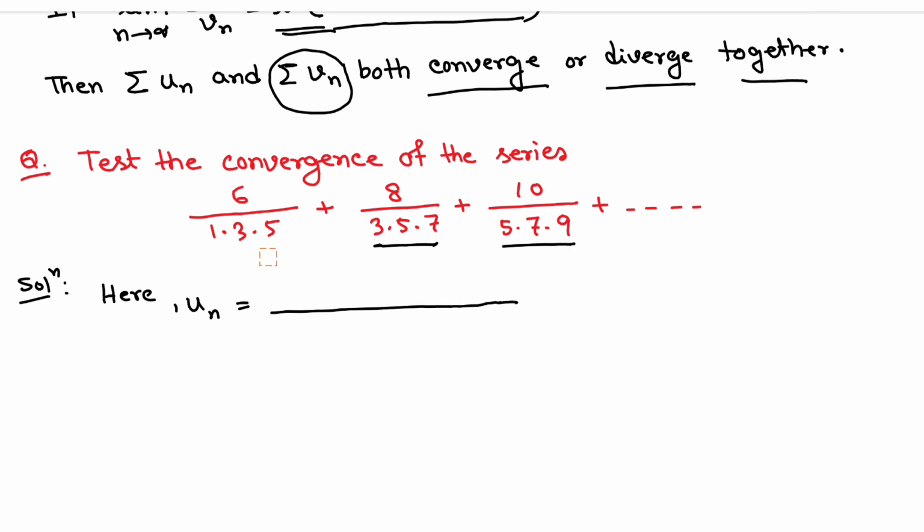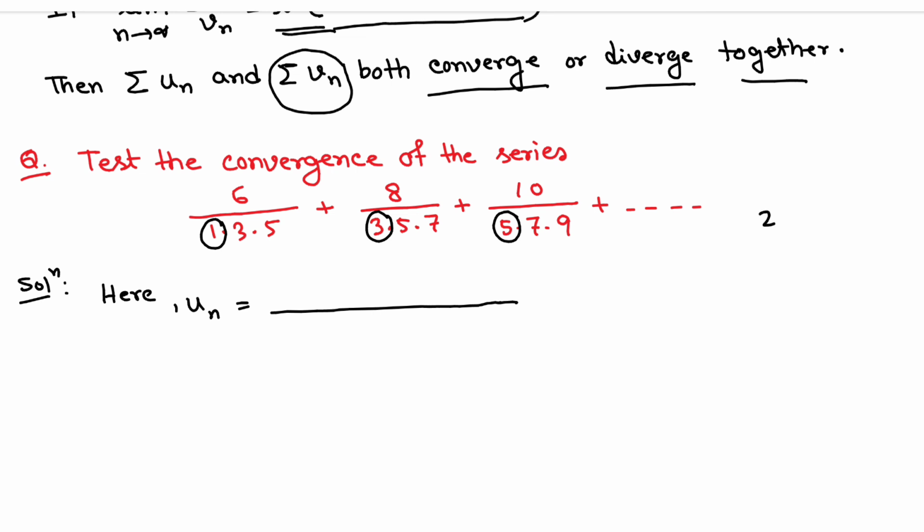What will be the numbers? This is 1, 3, 5. All the numbers are odd numbers. Or you can think in this way, the first number of every term is 1, this is 3, this is 5, all these are odd numbers.